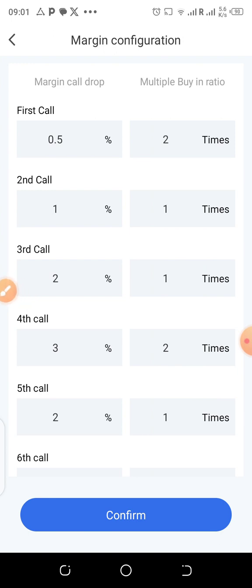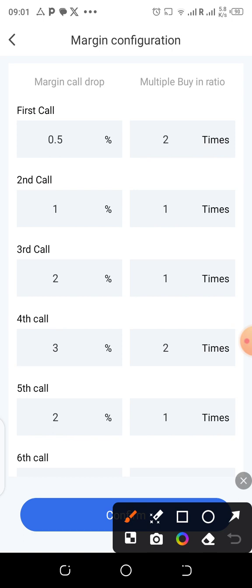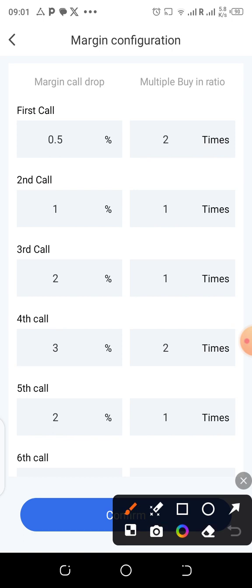Here you are saying that if the market drops by 0.5% and tries to move up by 0.1, let the robot buy. That is what it means by the buy in callback. So it buys here.